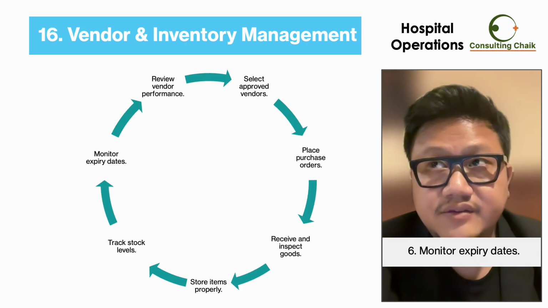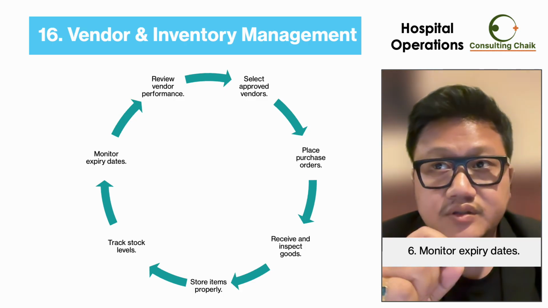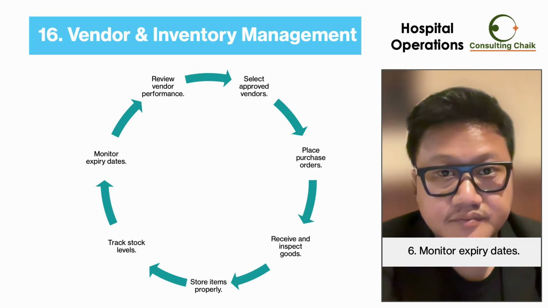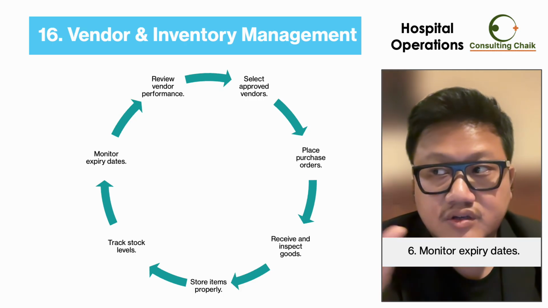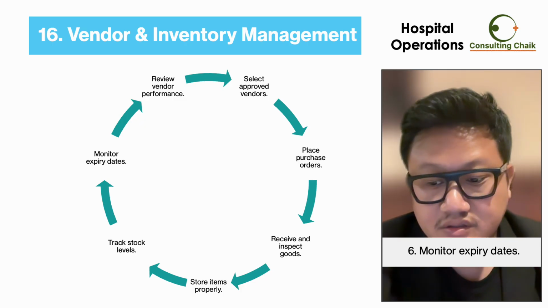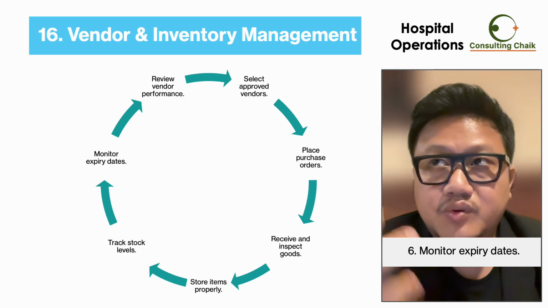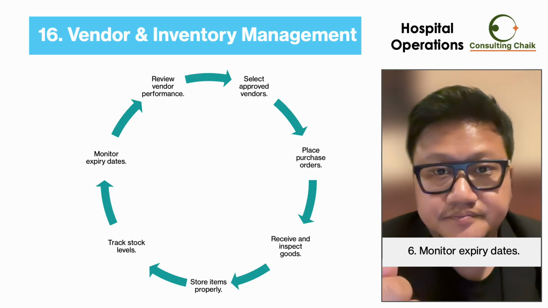When you receive medicines, you have to put all the data in your system right then and there, so that the actual stock and the stock shown in the system match. If it does not match, that means they are not entering the data on time.